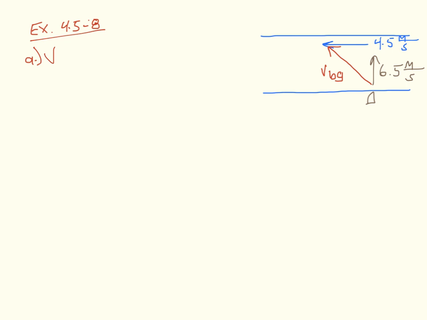The velocity of the boat to the ground, or the boat to the shore, is negative 4.5 meters per second x hat, because that's the x component right there, and 6.5 meters per second y hat. So that's how we write it out in unit vector notation, and that describes that vector right there. Now we just have to put it in magnitude and direction notation.